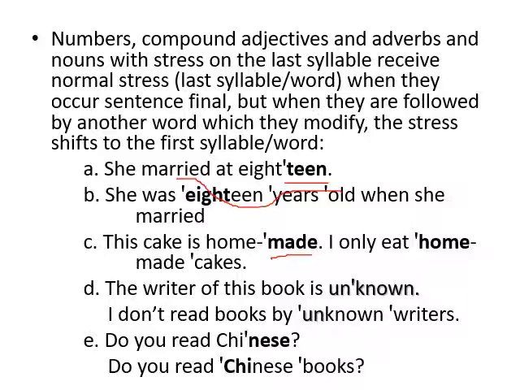I only eat homemade cakes. ليه جت كلمة cakes هنا وواخدة primary stress؟ وراها النون اللي modifies فغيرت انا الريذم. غيرت الستريس بدل ما تبقى على made بقت على home ودي بقت unstressed وبعدين دي بقت stressed برضو عشان اعمل الويف لايك ريذم دي. This cake is homemade. خد بالك جملتين ورا بعضها. I only eat homemade cakes.